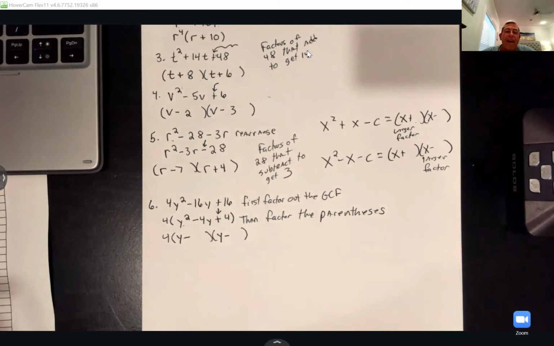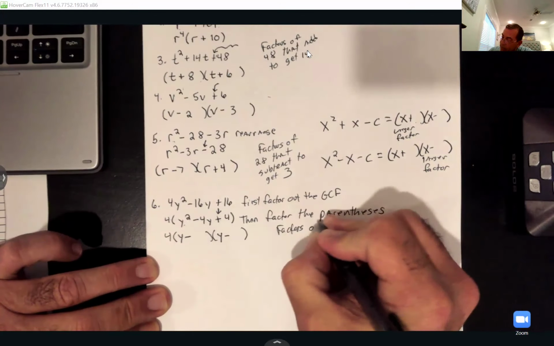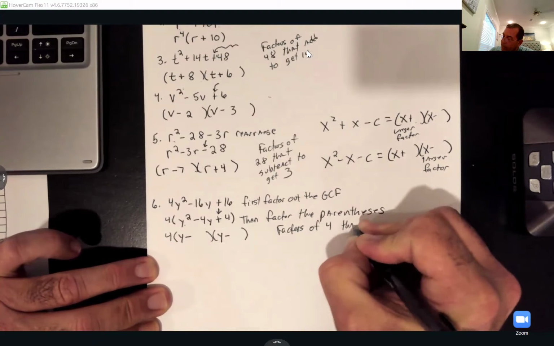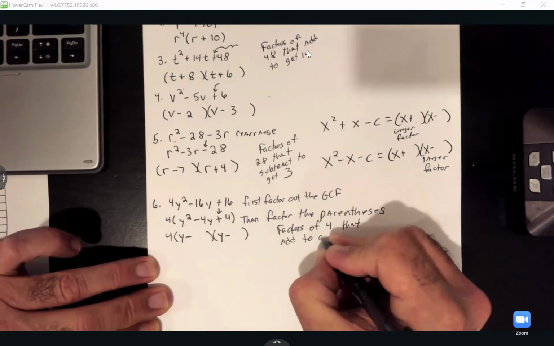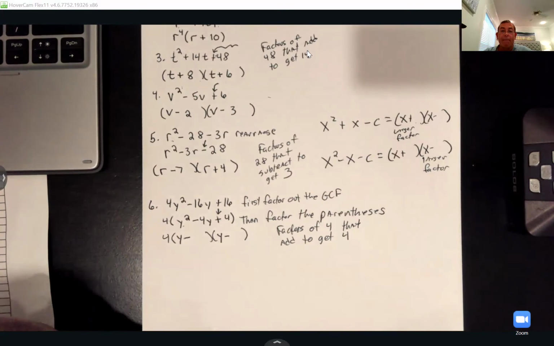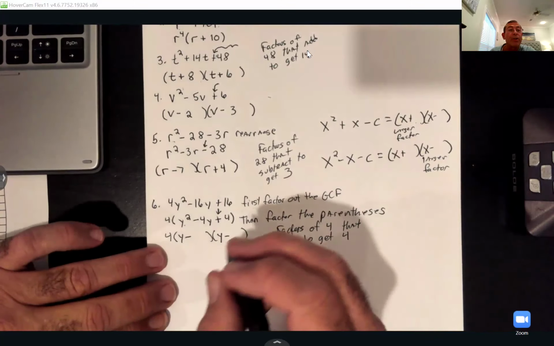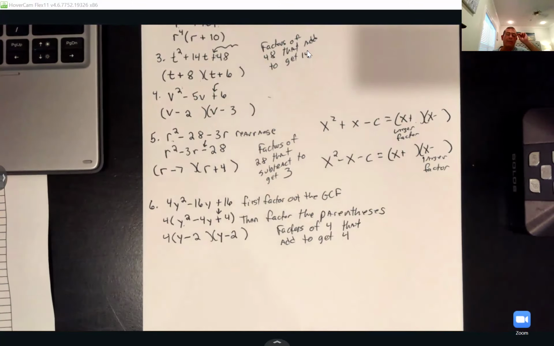All right, what factors of 4 add to get 4? 2. So that would both be a 2, right? So we got a y minus 2, y minus 2.